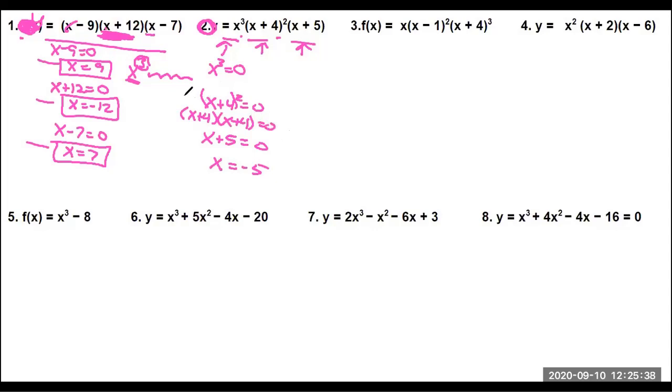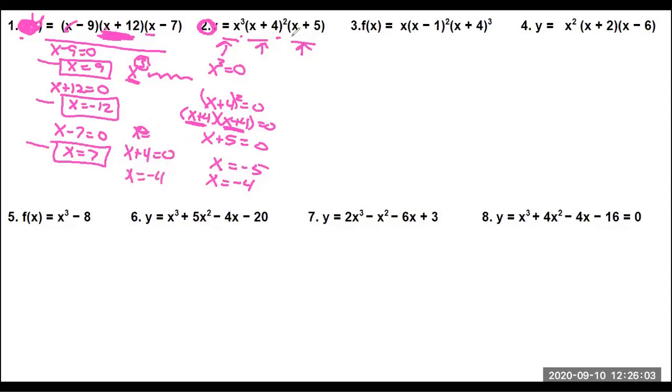So that means this could equal 0 or this could equal 0. What would the x be? -4. Exactly. Because if I wrote x plus 4 equals 0, when I took it away, I would get x equals -4, right?